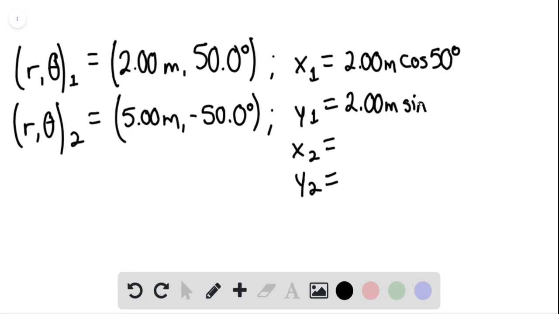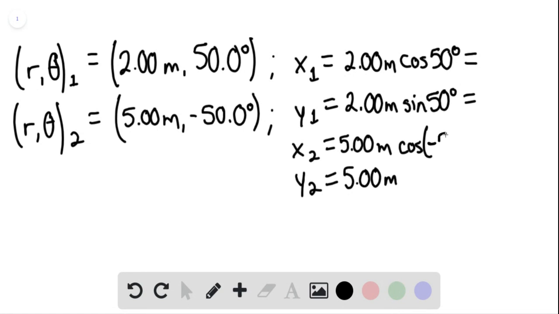Here it would be sine of 50 degrees, and we're doing the exact same thing for x sub 2. So this would be 5.00 meters, cosine of negative 50 degrees, and then sine of negative 50 degrees. So here, x sub 1 is equaling 1.29 meters.